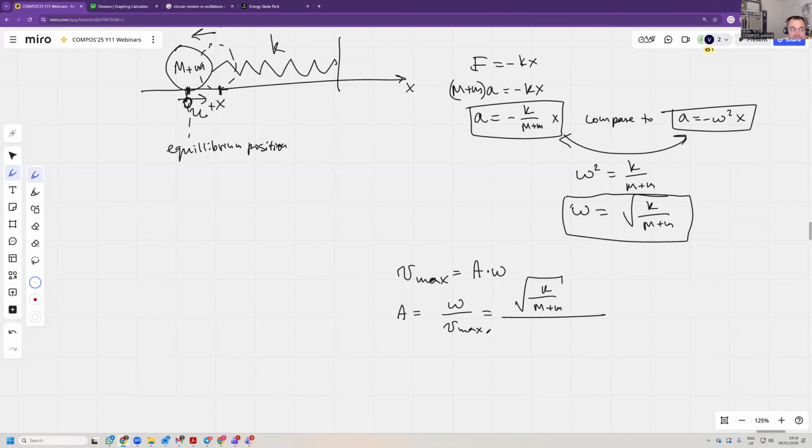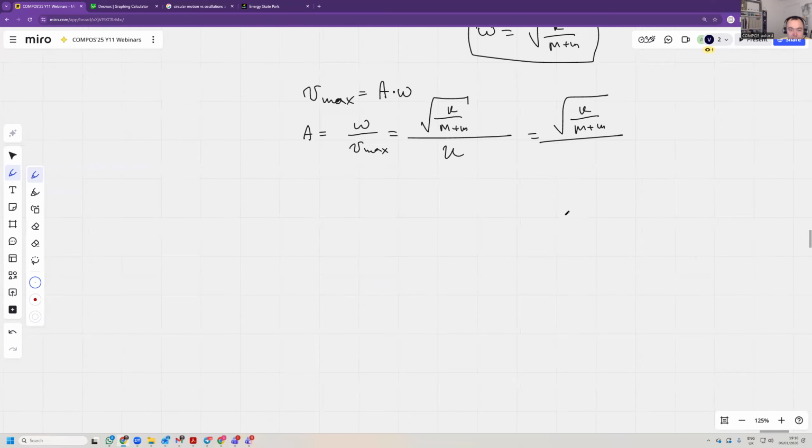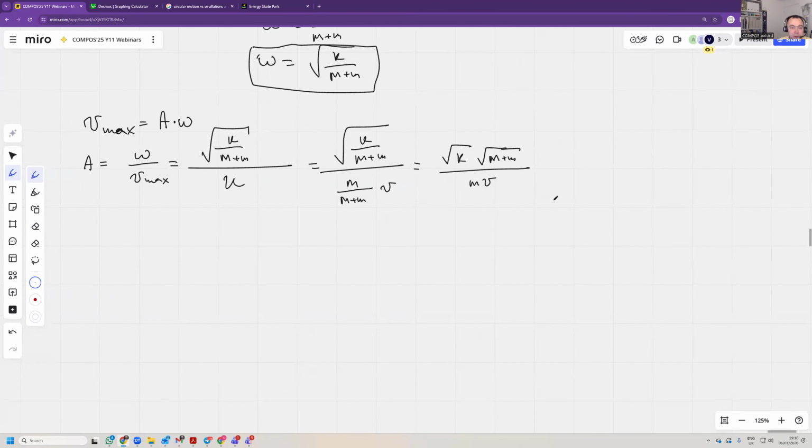But the maximum velocity is the initial velocity, because it starts with the maximum velocity, which is the initial velocity u. So that is u divided by the square root of k over M plus m, which is m over M plus m times v, divided by the square root of k over M plus m, so the square root of M plus m over k, times mv over M plus m.